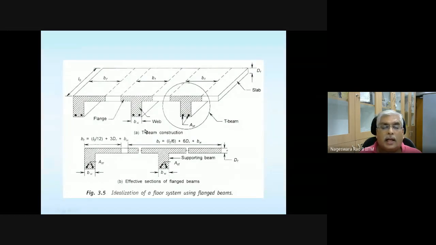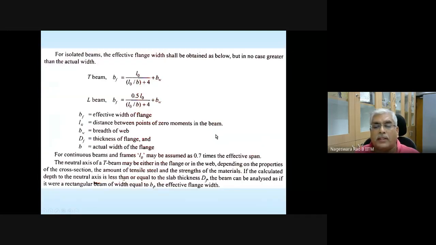Here it is not indicated, but you can say the depth of the web is this one. And the area of steel. Anyway, we went through all this.